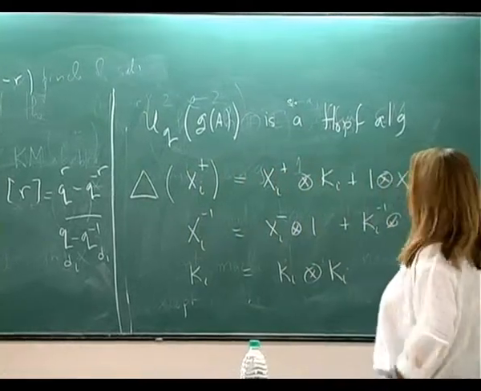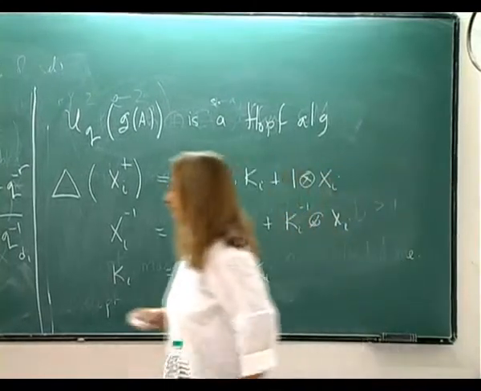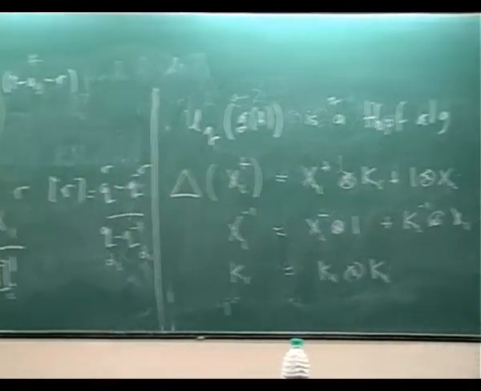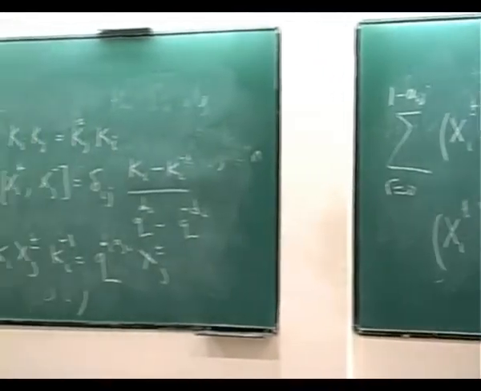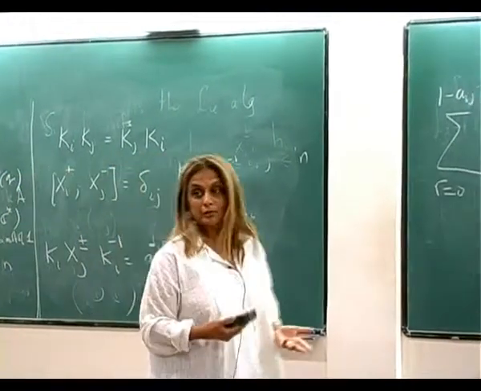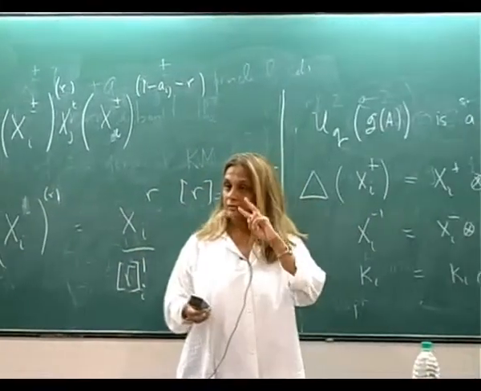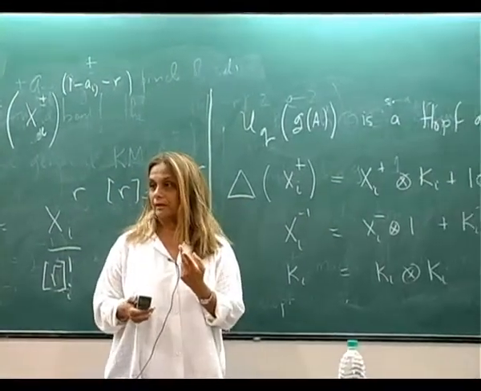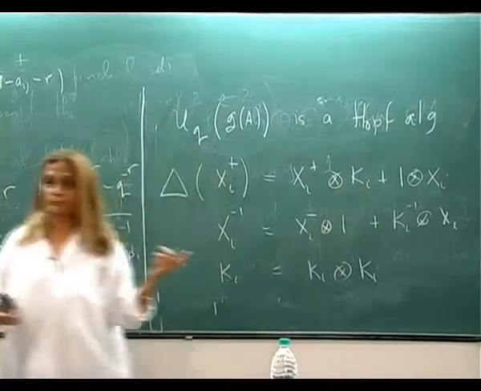There's something very important that you should notice when you see these formulas. You know what a commutative algebra is, right? AB equal to BA. What is a co-commutative Hopf algebra? What does co-commutative mean? It means if you switch the order of the co-multiplication, then it should be the same.